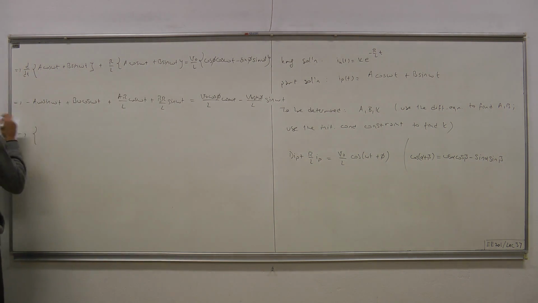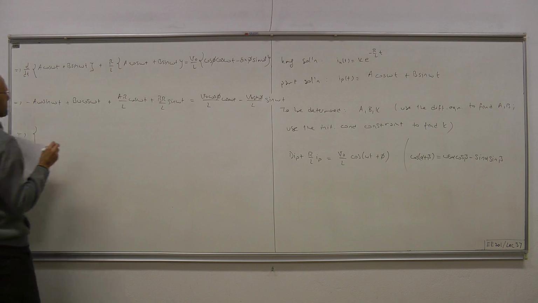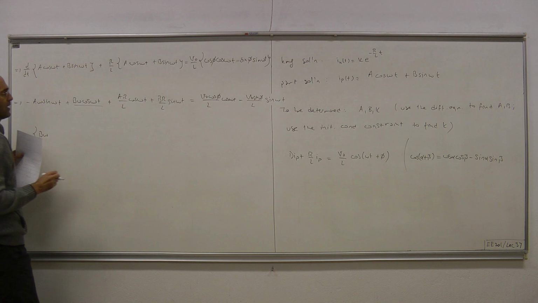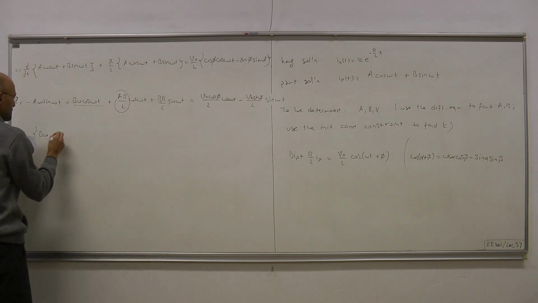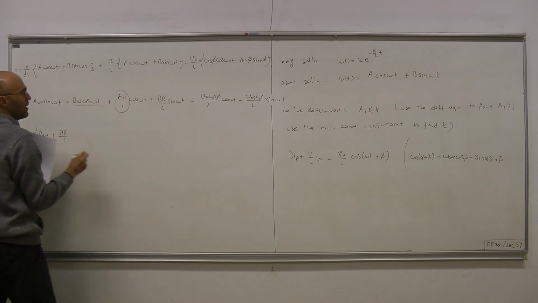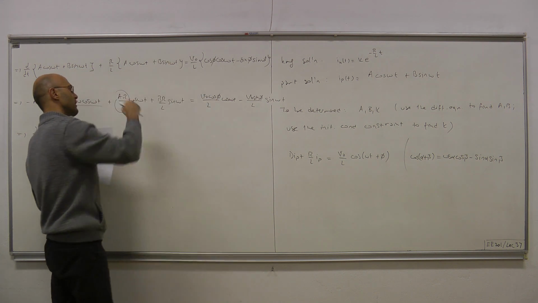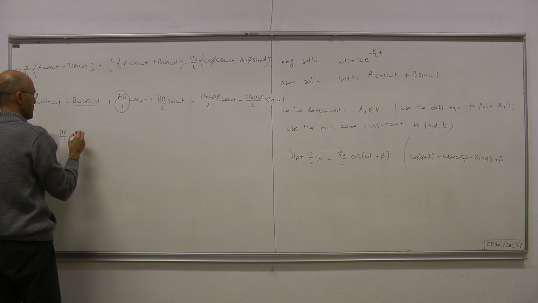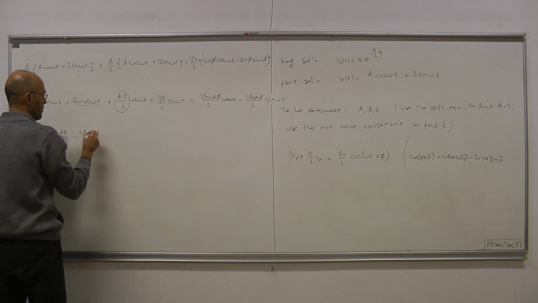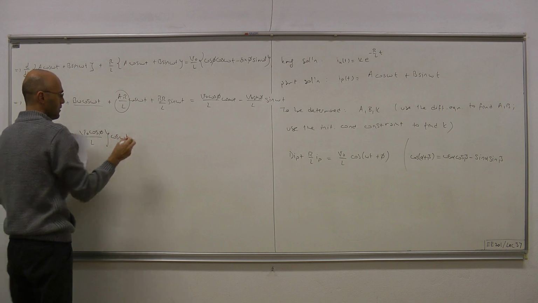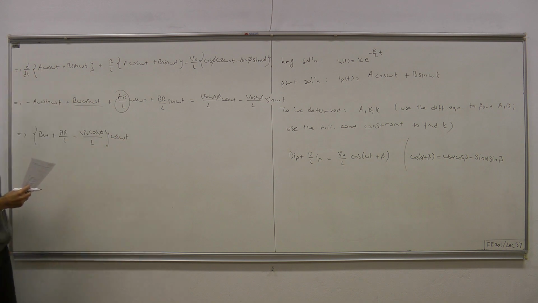If you collect the cosine terms, we have here B omega, we have another one, plus A R over L, and finally we have omega 0 cosine phi over L, let's carry it to the other side, minus omega 0 cosine phi over L. Those are all the cosine terms.